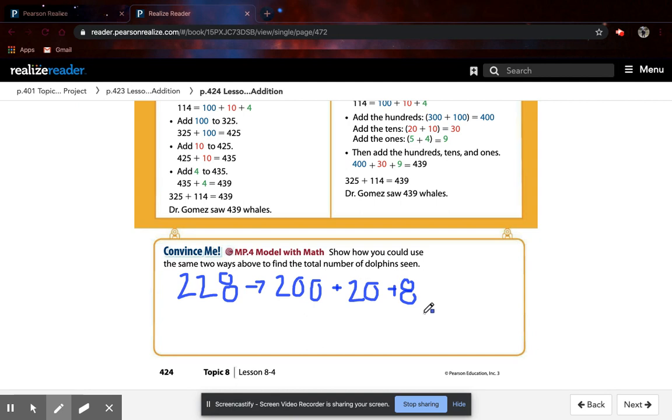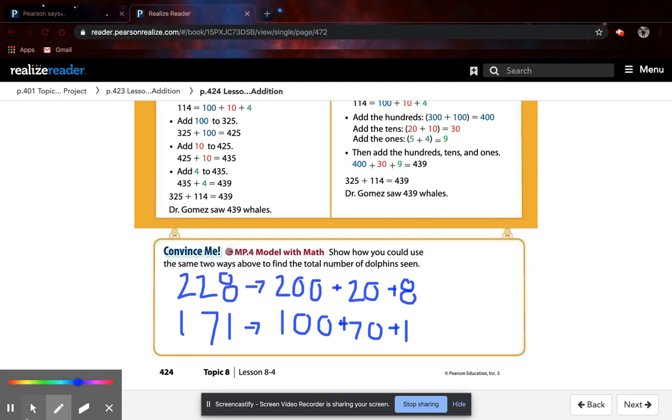And then I would break apart 171 into 100 plus 70 plus 1. So now I can start with my hundreds, or I can start with my tens, or I can start with my ones. I'm going to start with the hundreds.